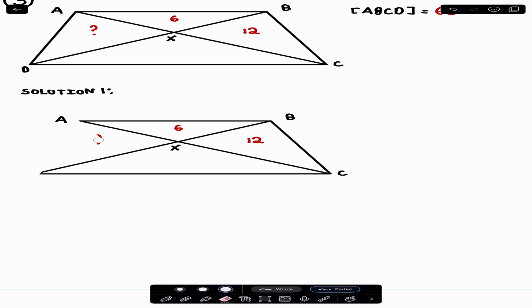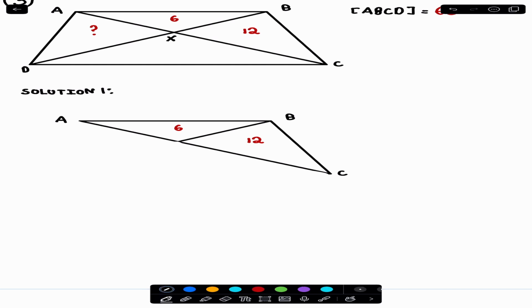So I'm going to erase this side first. This is an X. Same thing, repeated over and over again. Repetition, repetition. Drop an altitude.